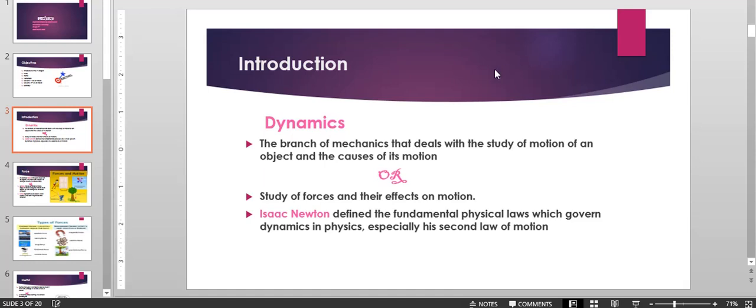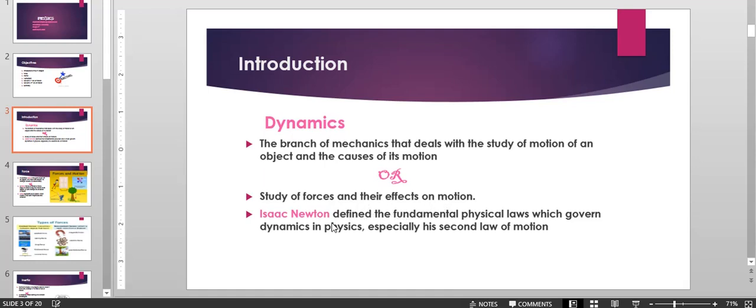So, dynamics is the branch of mechanics that deals with the study of motion of an object and the causes of its motion, or the study of forces and their effect on motion.